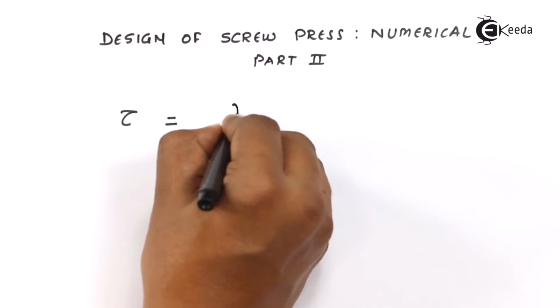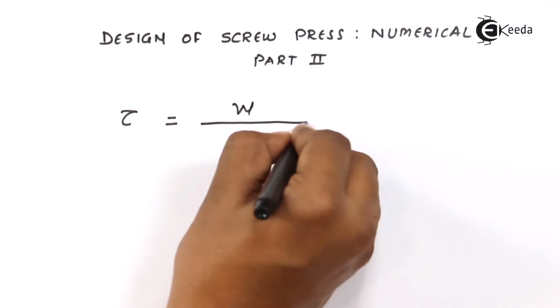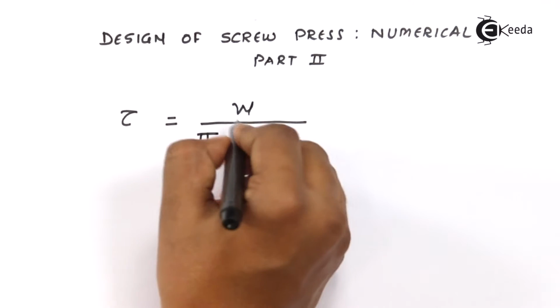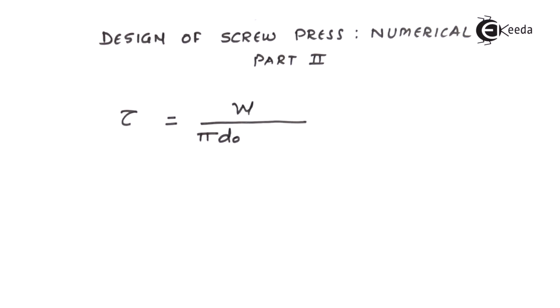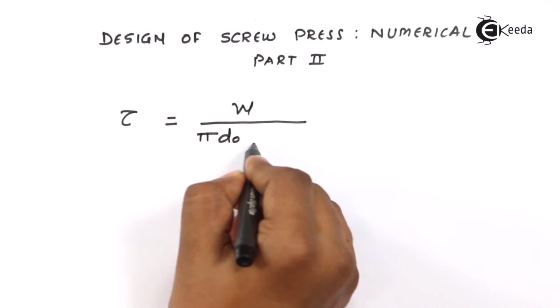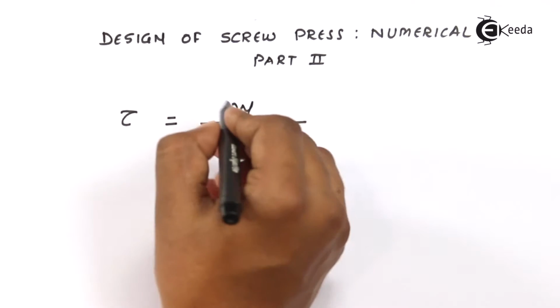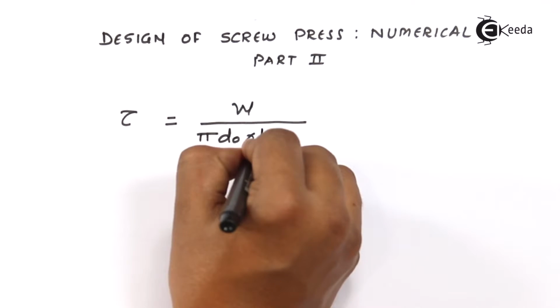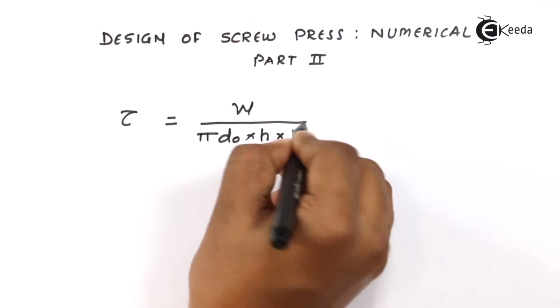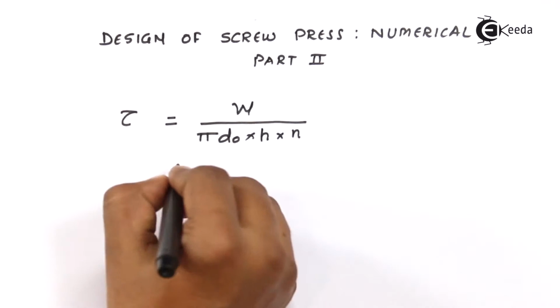So the formula says it is the load divided by, we are considering the outermost diameter for this, as this particular thing increases, this particular thing decreases, that is how we have to look at it, into H into N. N is the number of threads, of course.